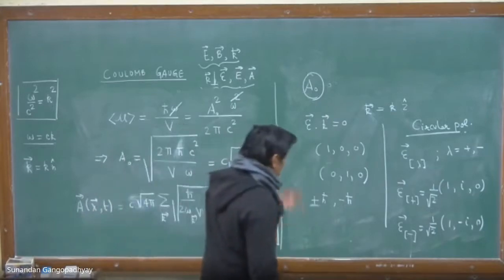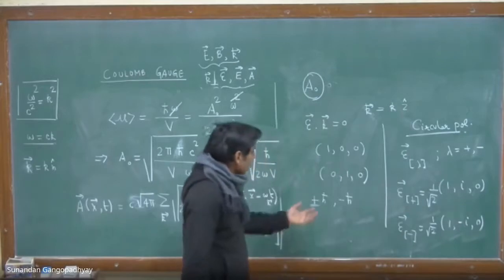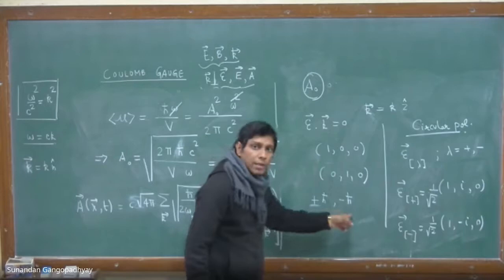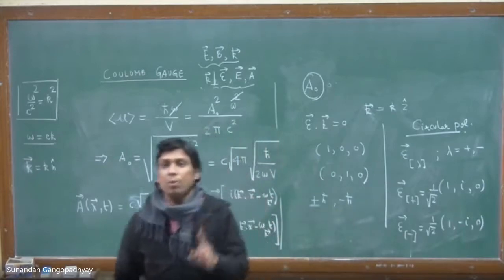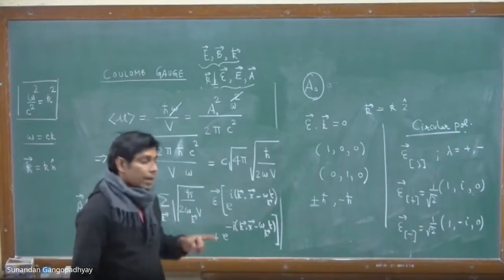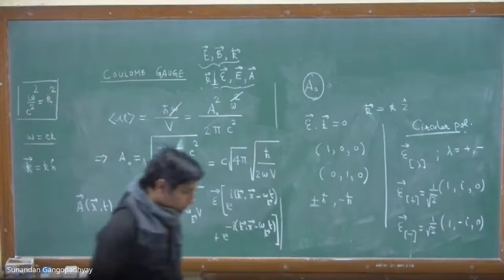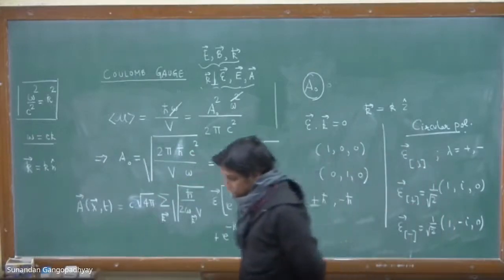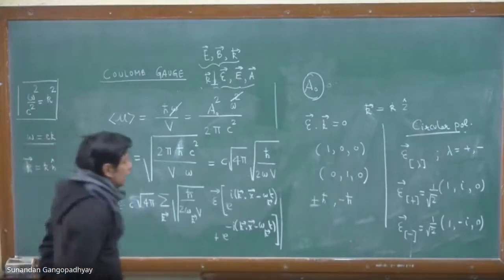You can see that these polarization states correspond to the angular momentum projections of plus ħ and minus ħ of the intrinsic spin angular momentum of the photon along the direction of its momentum.